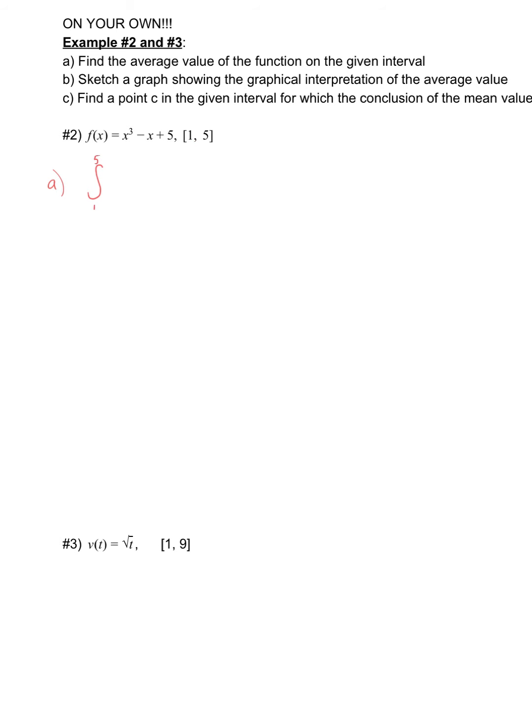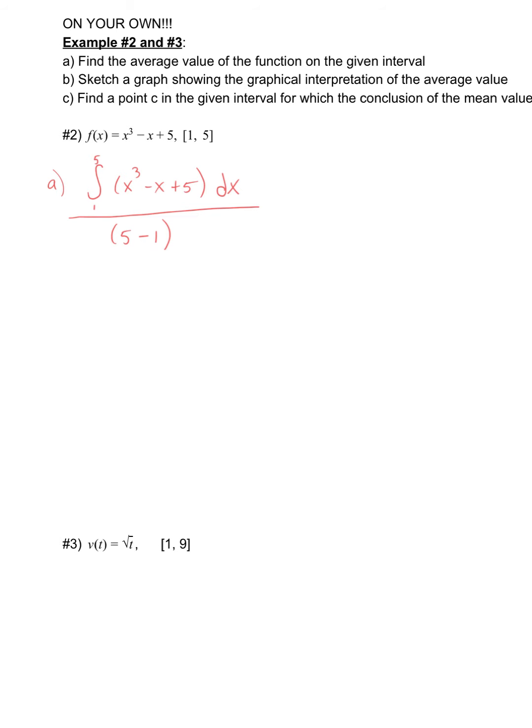We put our function right here, x cubed minus x plus 5. And then we need dx on the end. You need good calculus notation. And then on the bottom, it's just the right endpoint 5 minus the left endpoint 1. So this is the formula for average value. The antiderivative of your function, a definite integral on top, and then the right endpoint minus the left endpoint.